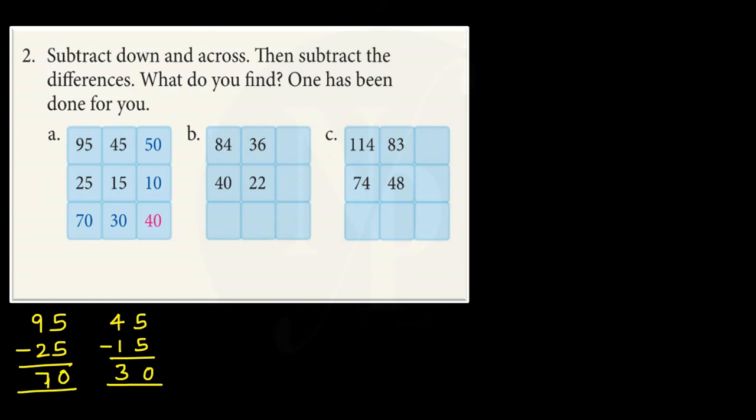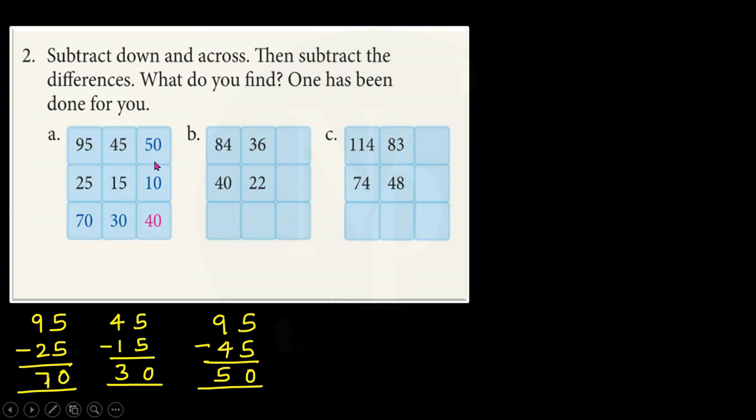Now let us subtract across. That is subtracting 45 from 95. 95 minus 45. 5 minus 5 is 0, 9 minus 4 is 5, you get 50.